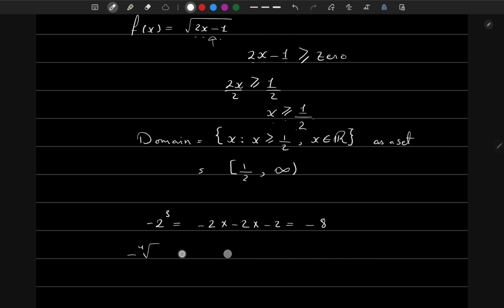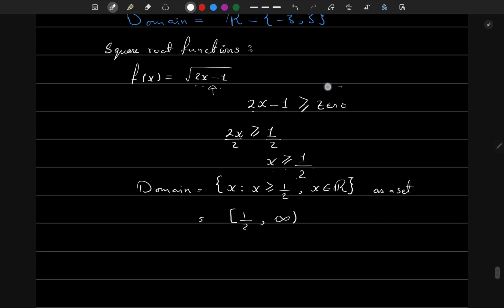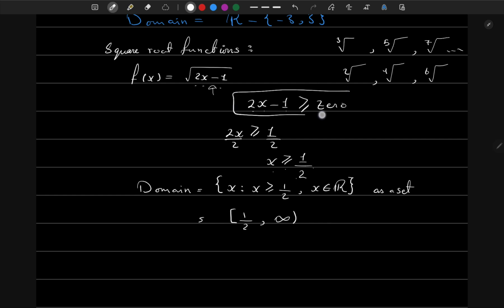So basically, when it comes to roots in general, I only have to make sure the expression is greater than or equal to 0 if it's an even root: square roots, fourth roots, sixth roots, and so on. But odd roots are okay. Third roots, fifth roots, seventh roots, and so on are okay. I don't have to do this because I can have a negative number under those roots.